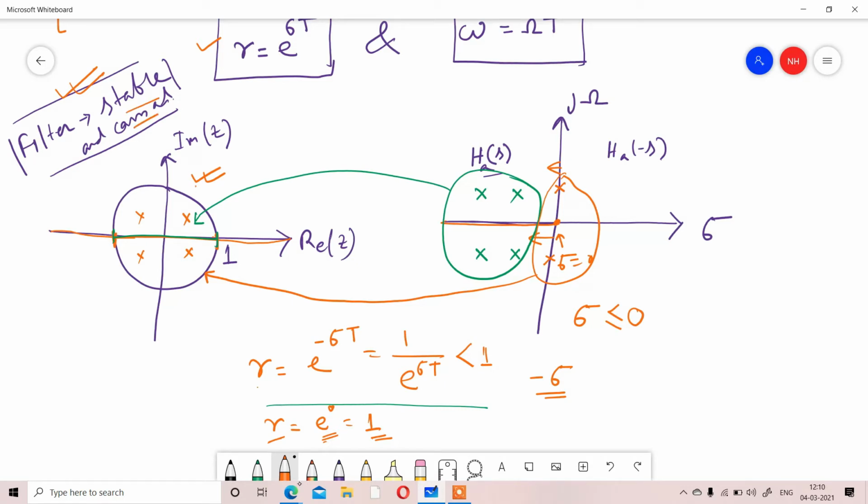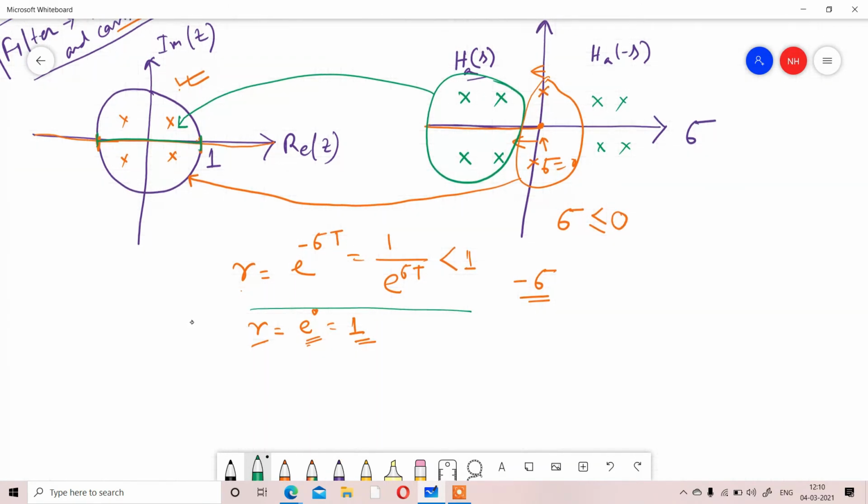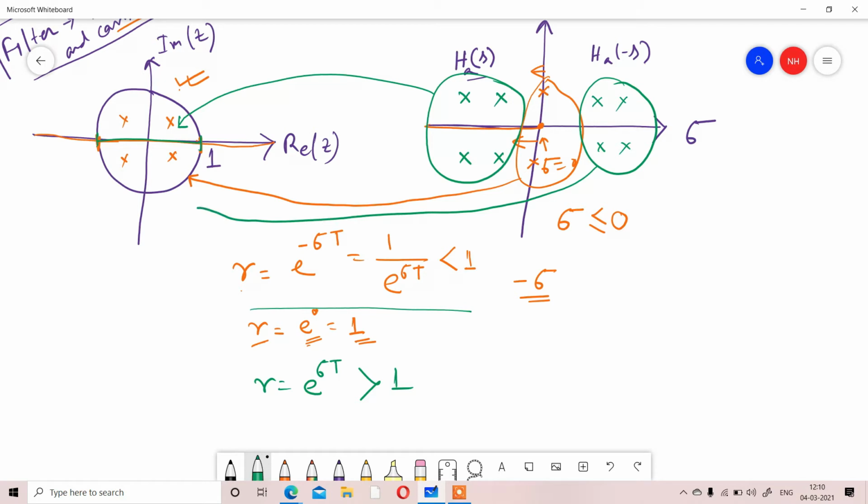And if we consider poles in that side, means sigma greater than 0, obviously r equal to e to the power sigma t, and that is obviously greater than 1. If we replace any value of sigma, you will get a value greater than 1. So for this case, whatever the equivalent poles in the z plane, you will get them outside of 1.